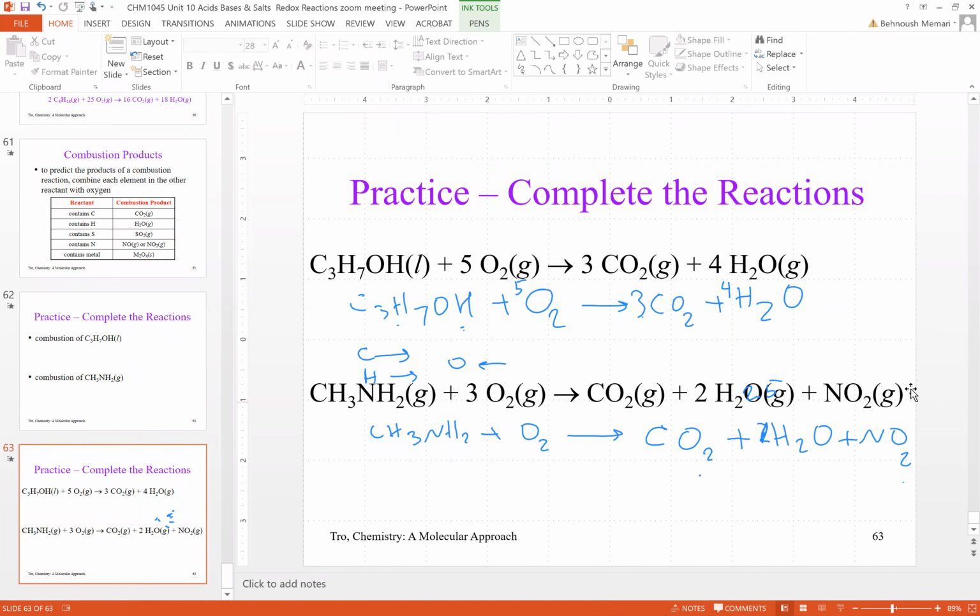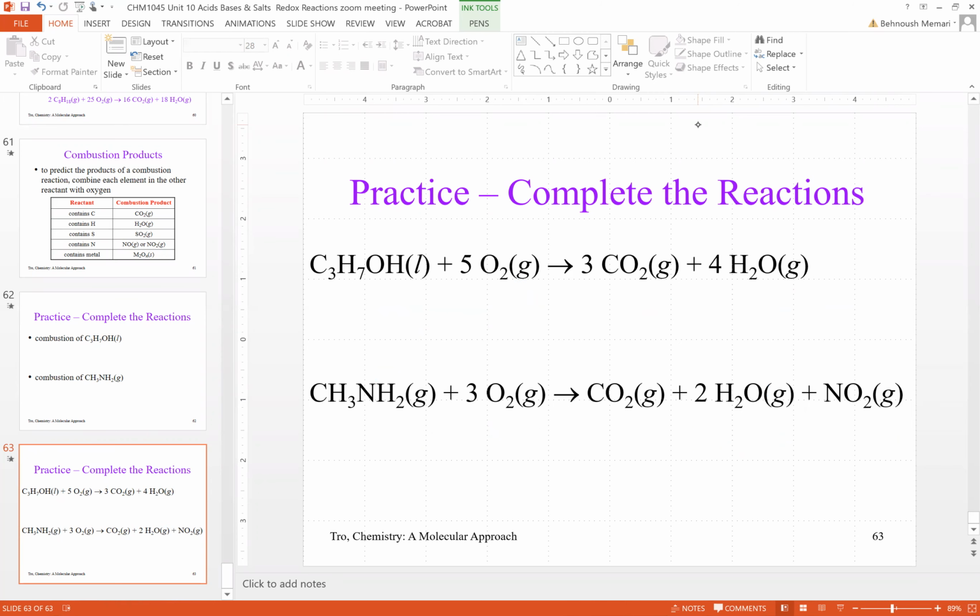Okay, either the product is not right, or I'm not thinking well. This cannot be a balanced equation. We have oxygens as 2, 4, and 6. Carbon is 1. Nitrogen is 1, but hydrogens are not balanced.